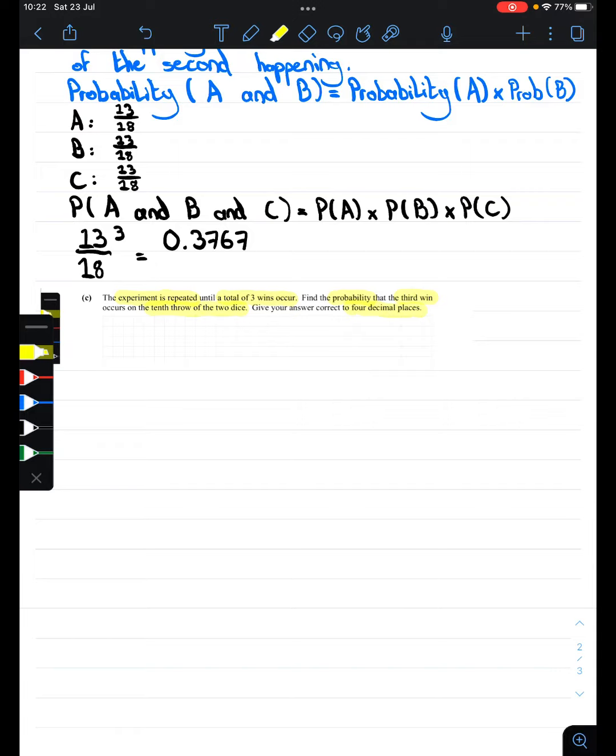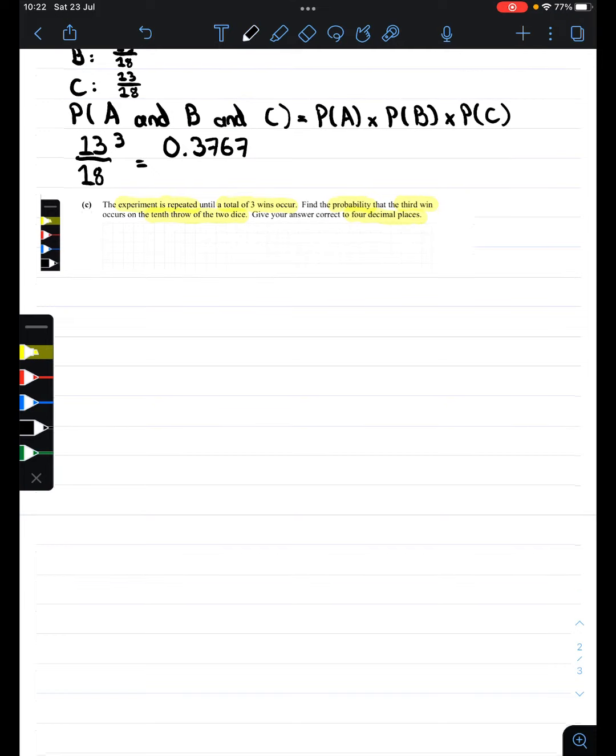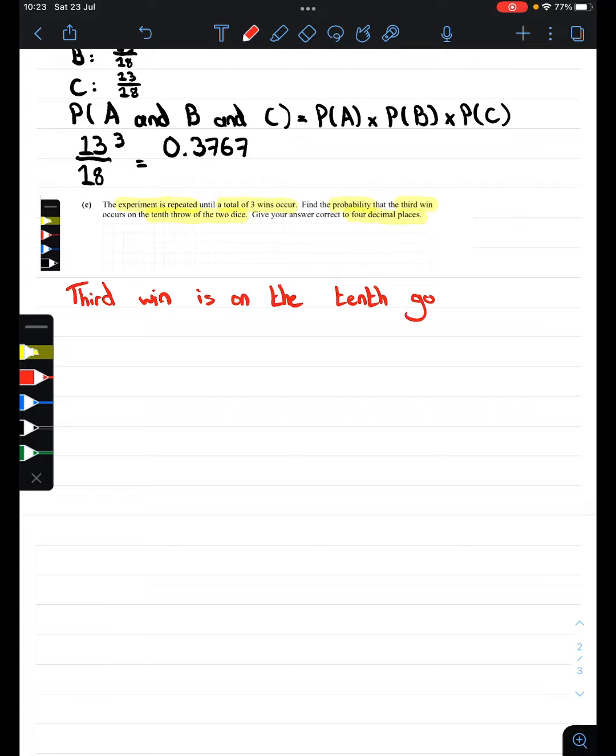Well, we've got to think, how would this happen? What is the question telling us? The third win is on the 10th go. Which means in the first 9 goes, there were exactly 2 wins.